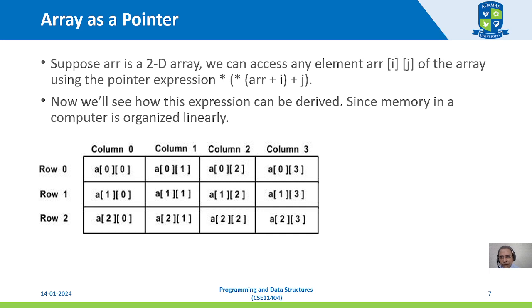Now if we give the star, this star will then bring out the value from the ith position, and if we give plus j for the 2D array and then put the outermost star, then within the bracket star ARR plus i is fetching the row, which row it is actually pointing to, then plus j, the particular column, then at the outermost beginning we put a star, then it will bring out the particular value.